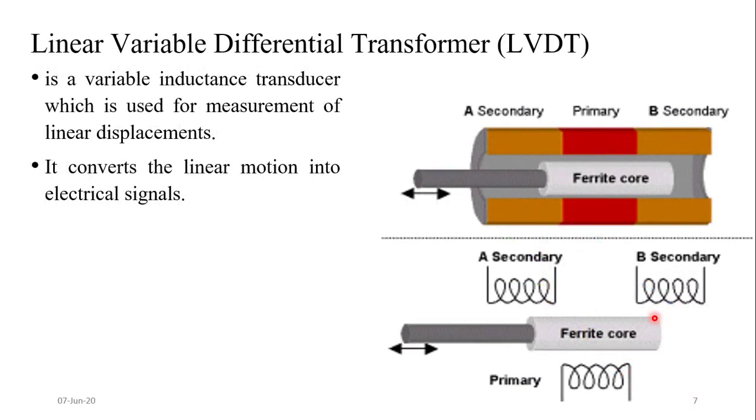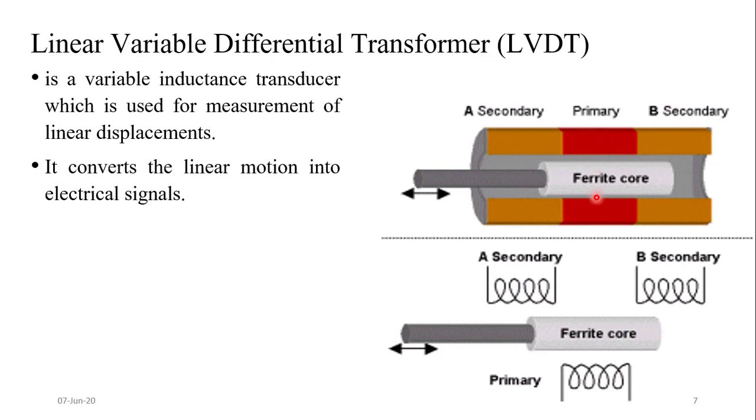What a linear variable differential transformer is, is a variable inductance transducer which is used for the measurement of linear displacement. See, this is a ferrite core. There are two kinds of winding, the primary and the secondary. Only the primary winding is carrying the current. The secondary windings do not carry the current.